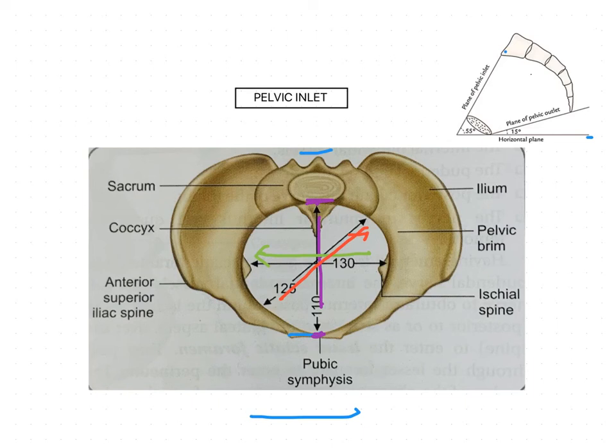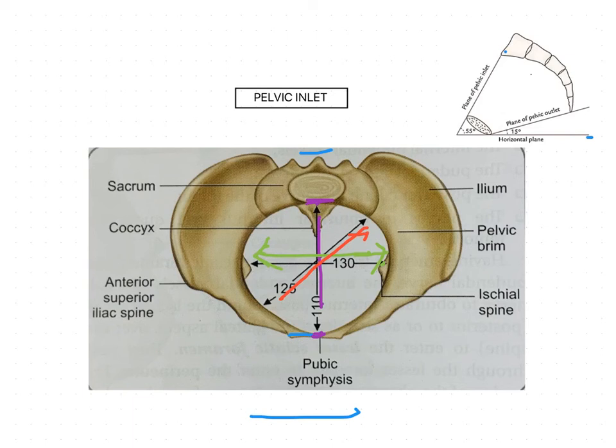Coming to the transverse diameter, it is the widest part of the pelvis. This transverse diameter is the widest part of the pelvic brim, and it is about 130 millimeters.